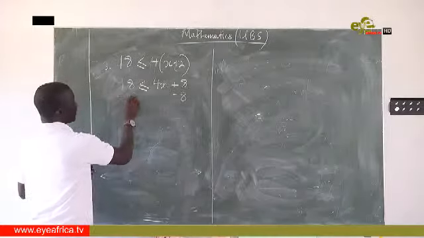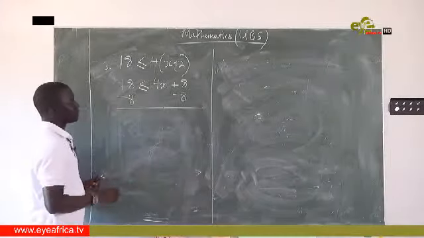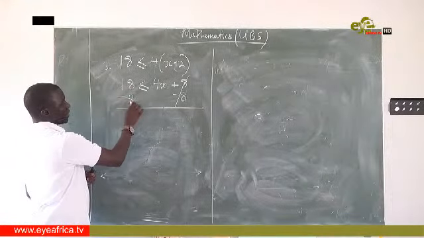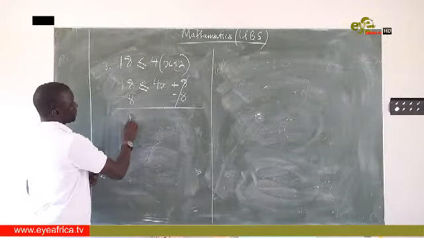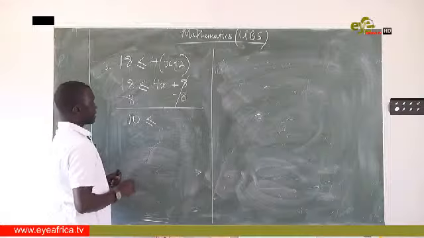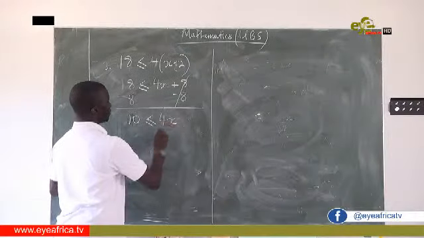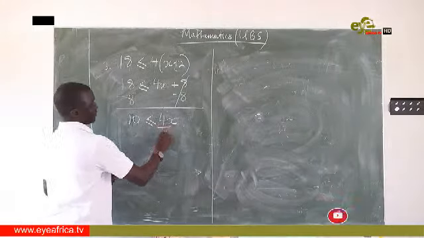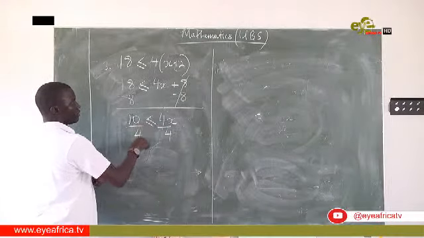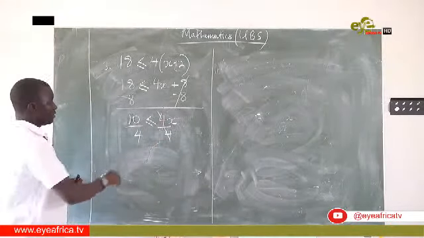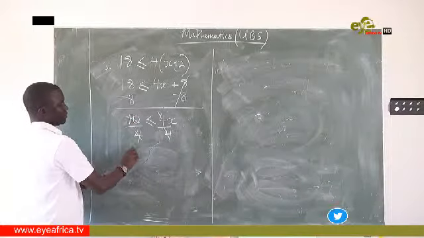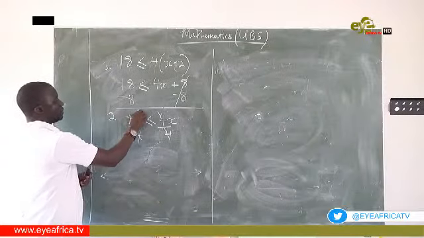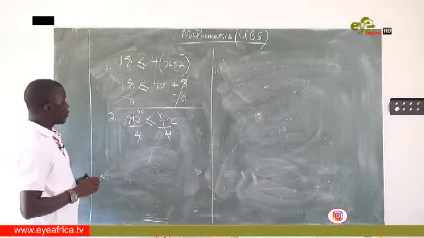Okay, so we go further by subtracting 8 from both sides. 8 cancels out 8. So 18 minus 8 is 10, which is less than or equal to 4x. So all you do here is divide both sides by 4. 4 cancels 4. You say 4 goes into 10 two times. We have a remainder of 2. If we add 0, it becomes 20.